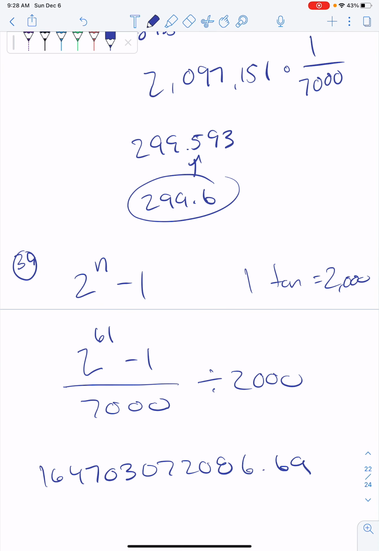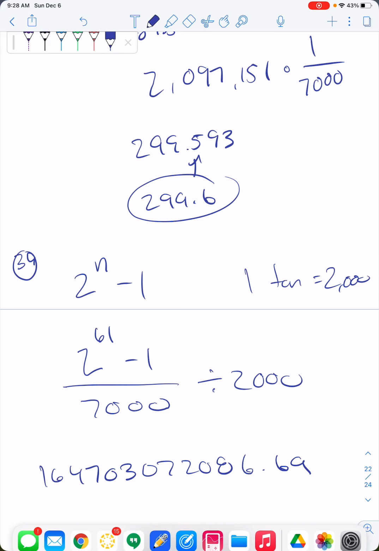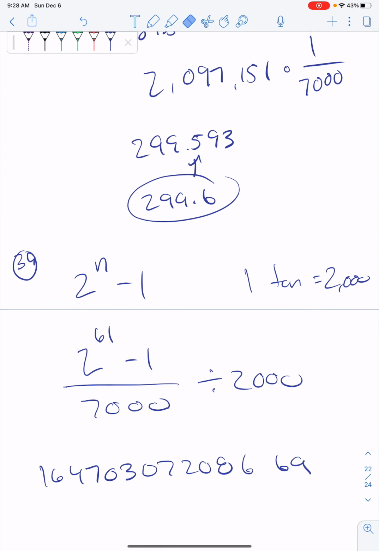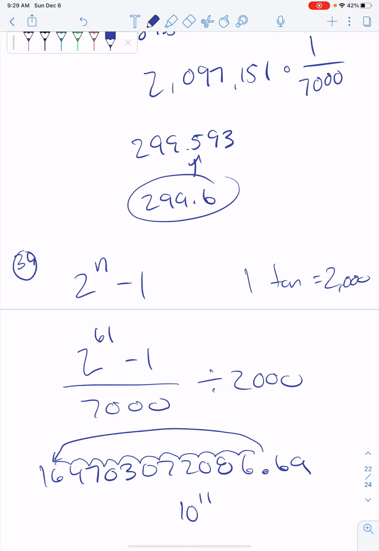Okay, so it wants me to write this in scientific notation, which means I don't have any e's there, right? I'm going to take this decimal, and I've got to move it all the way to here. So that's 1, 2, 3, 4, 5, 6, 7, 8, 9, 10, 11. So it's going to be 10 to the 11th power.